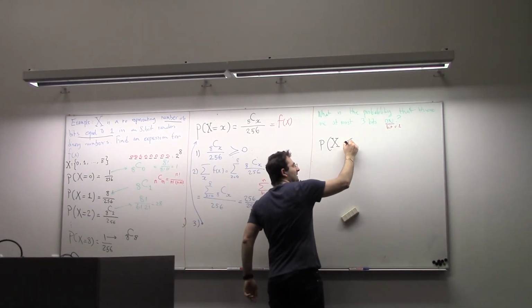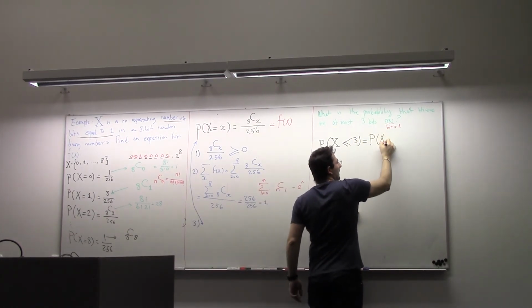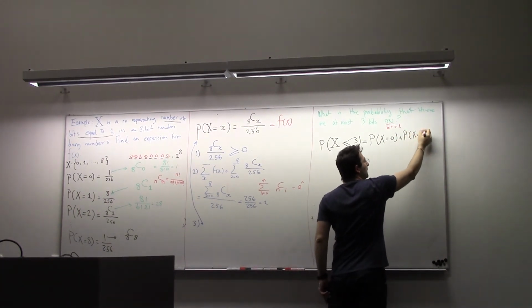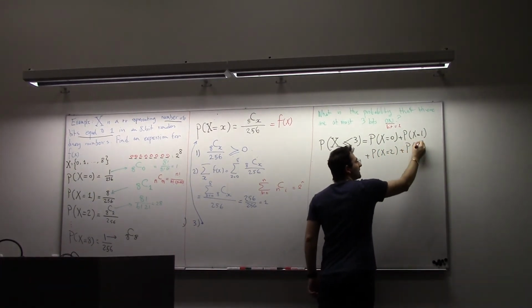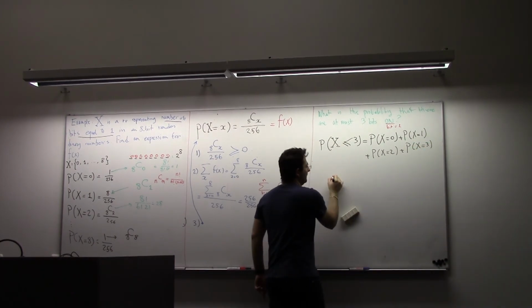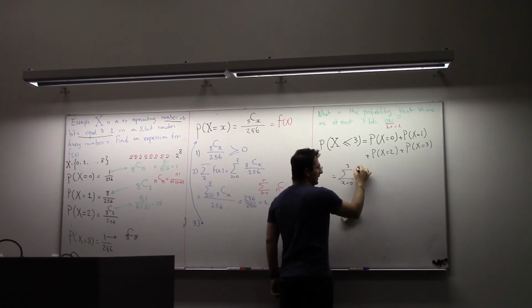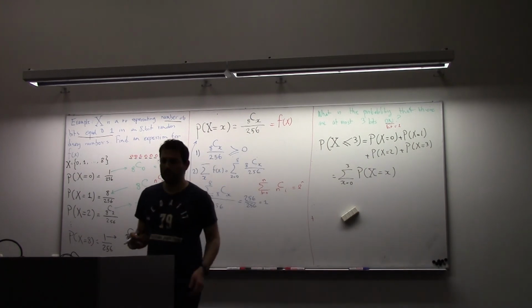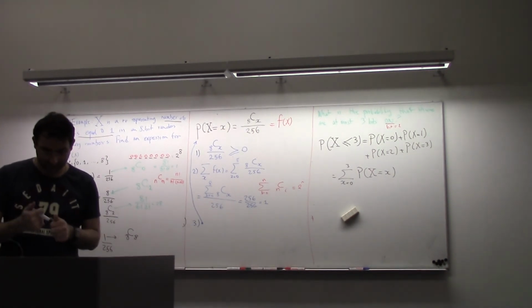So it is the probability of x less than or equal to 3, which, because it is discrete, is the probability of x equal to 0 plus x equal to 1 plus x equal to 2 plus x equal to 3, which is the summation of x from 0 to 3 of the probability of x equal to x. You can put in the values and calculate the result.